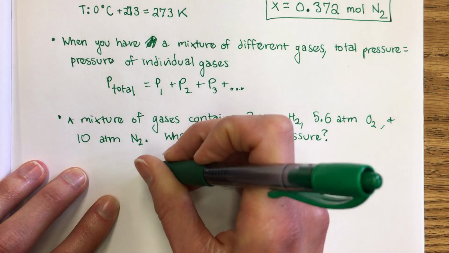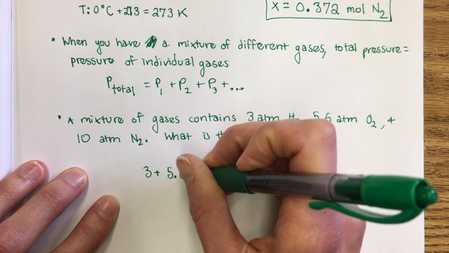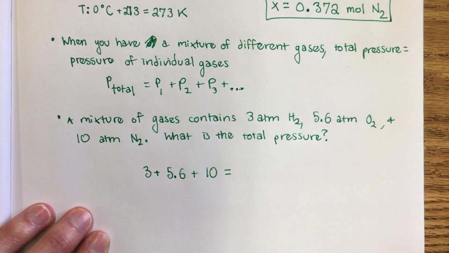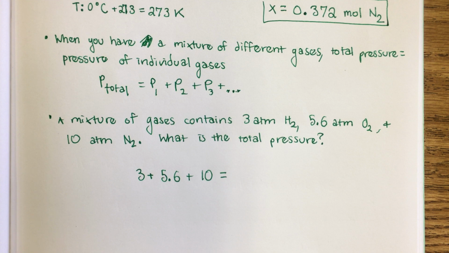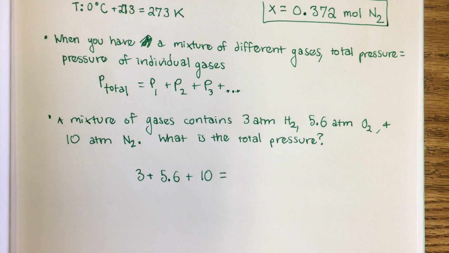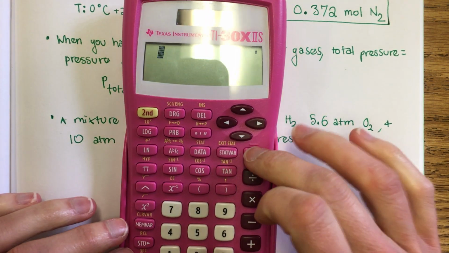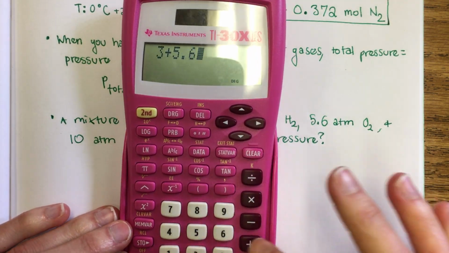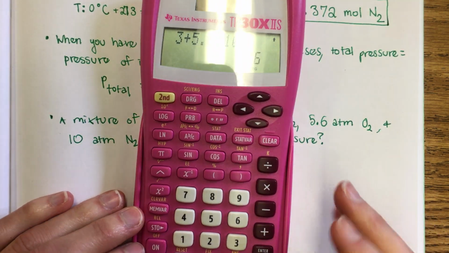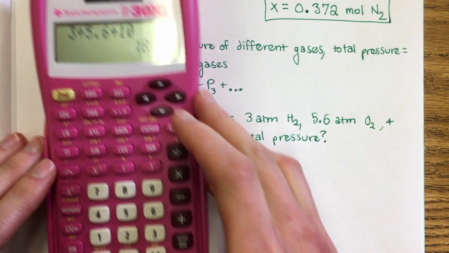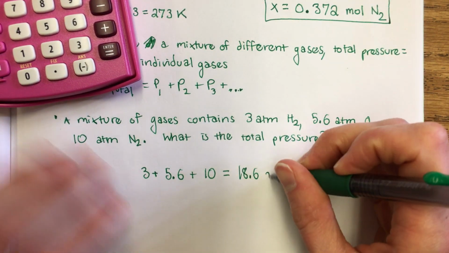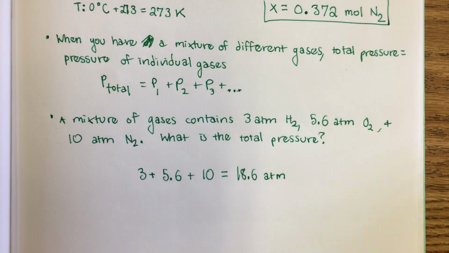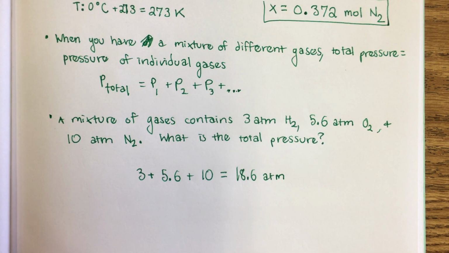All you have to do is 3 plus 5.6 plus 10 and calculate that. I got an actual calculator this time. So 3 plus 5.6 plus 10 is 18.6 ATM, my total pressure.